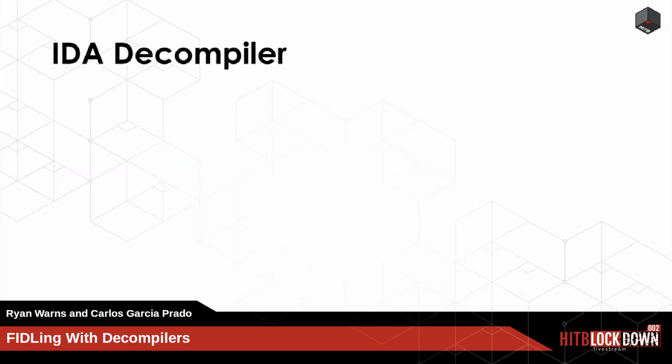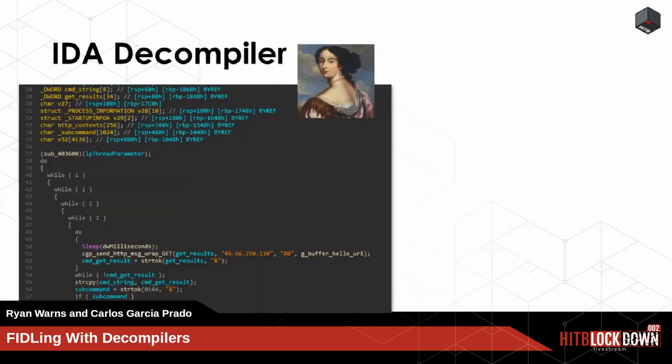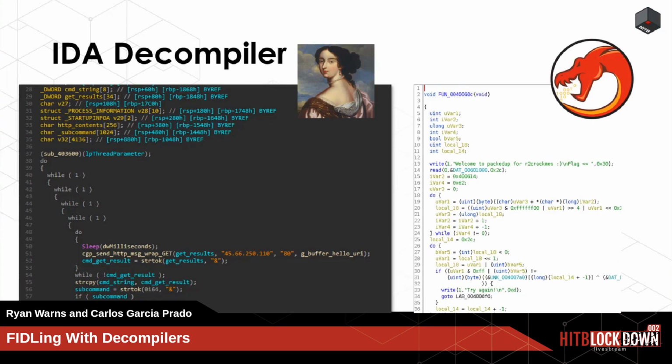But for this talk, luckily, we can rely on the fact that a lot of this fancy work, a lot of this magic, a lot of this computer science is already done for us with tools like IDA on the left or Ghidra on the right. They've already gone through that process of taking assembly code, lifting it into a higher level representation, and then producing the end result shown on the screen here, which looks a lot like C code, maybe not very pretty C code, but pretty enough for us to process and understand.